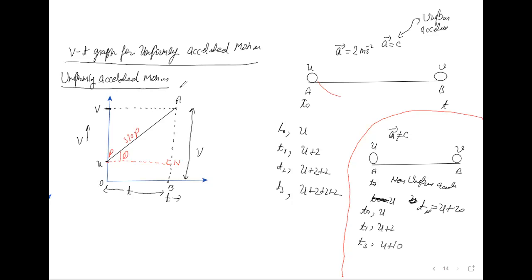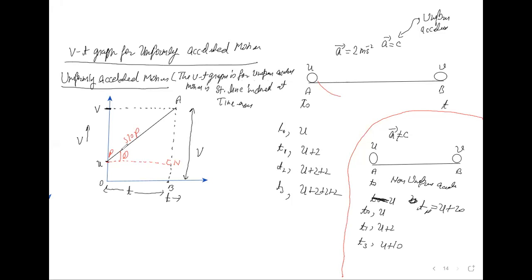So the straight line, I'm writing here, the velocity time graph for uniformly accelerated motion is again a straight line which is inclined to the time axis.